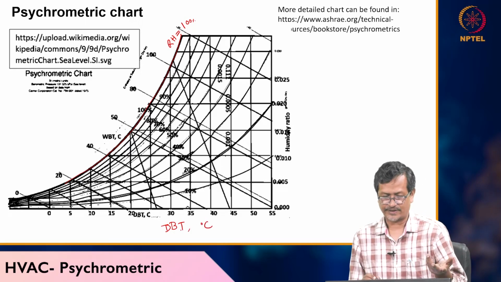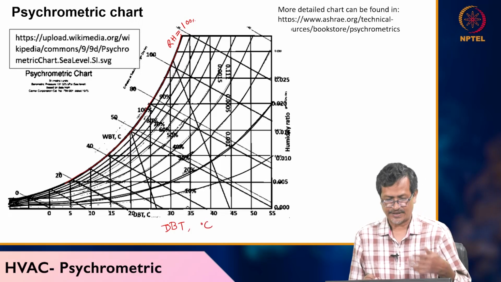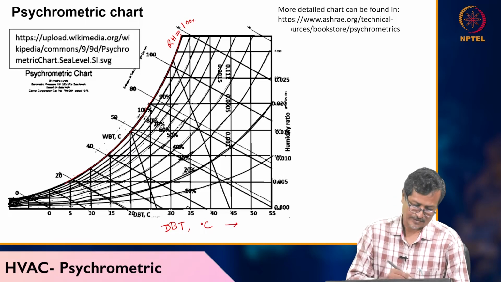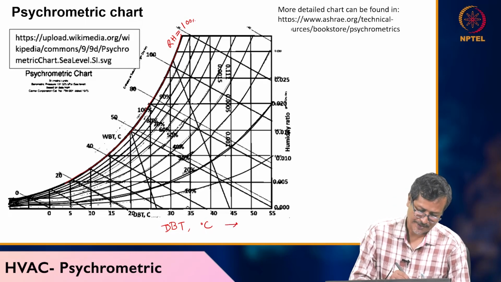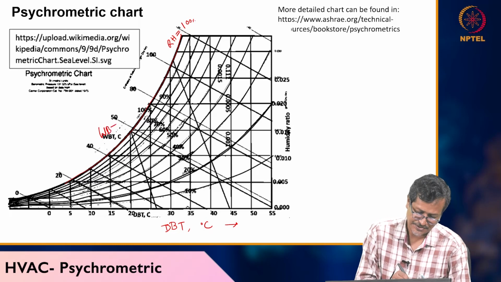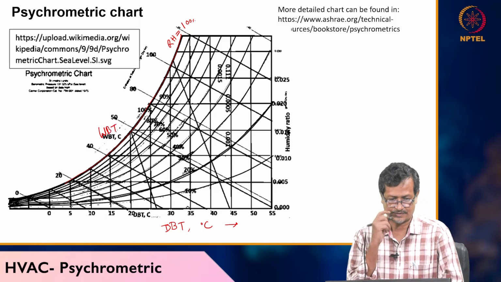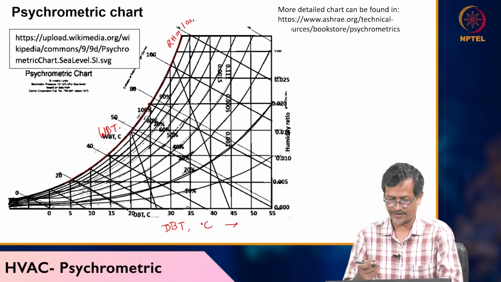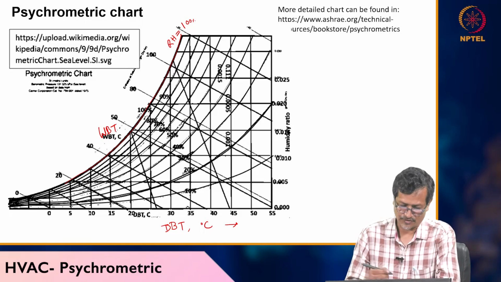Many charts give Fahrenheit, and many charts give centigrade. So let's assume we are using the centigrade scale on the x-axis, and we have this curved line. This is called the wet bulb temperature, or WBT. Okay, this figure I have taken from Wikimedia, but I modified it because I redrew this line.